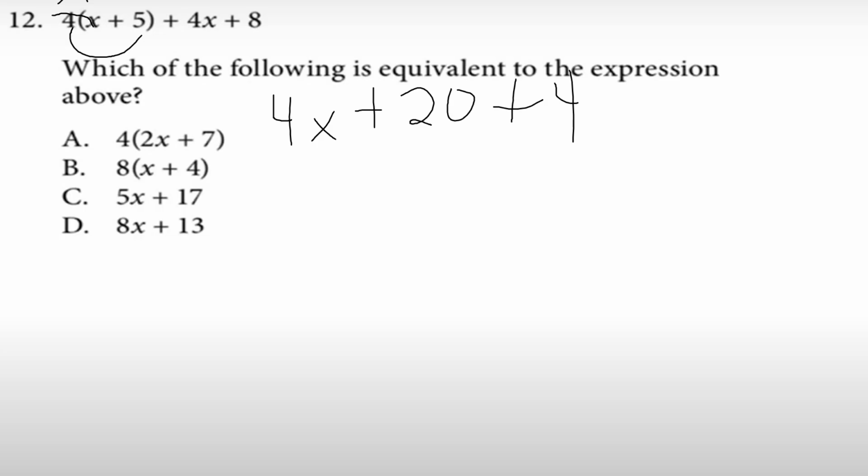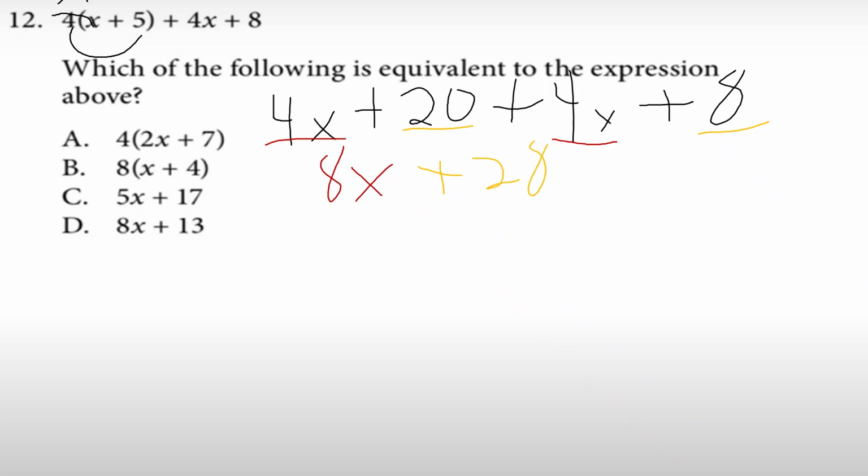There's no multiplication going on with 4x and 8 because there's no parentheses there, so we can just write that down. So next, what we're going to do is add or subtract like values. We have a 4x here, we have a 4x here, so we're going to add those two values together. So 4x plus 4x is 8x, and we have a 20 here, and we have an 8 here. So that's going to be plus 20 plus 8 is 28.